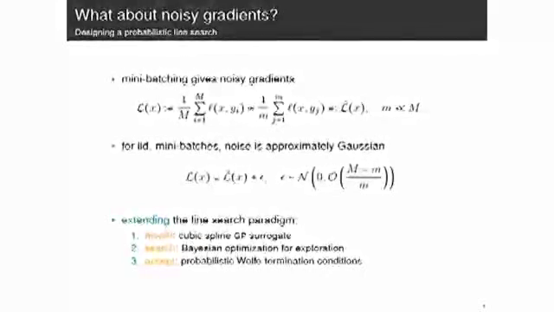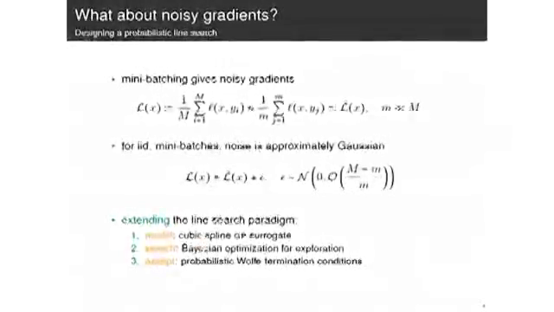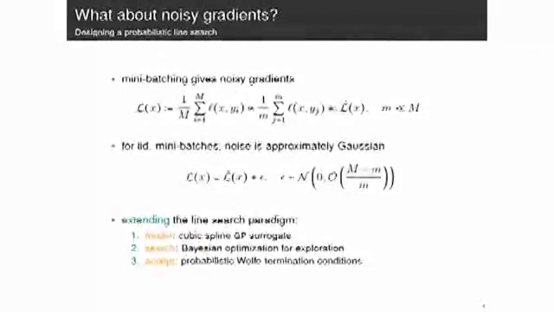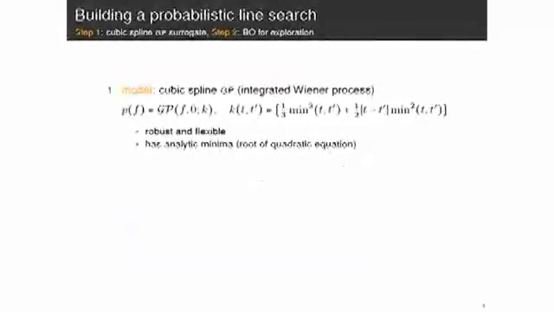As search for candidates, instead of excluding regions and collapsing the search space, we will leave the whole search space open and do Bayesian optimization. And third is acceptance criterion. Instead of having binary Wolfe conditions, we're going to have a probability that the Wolfe conditions are fulfilled.